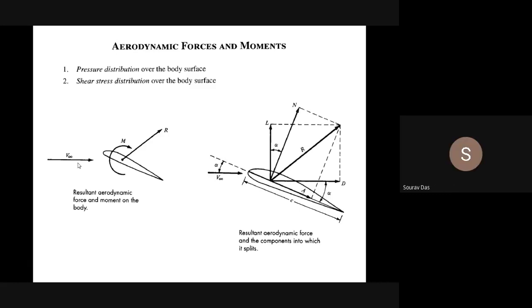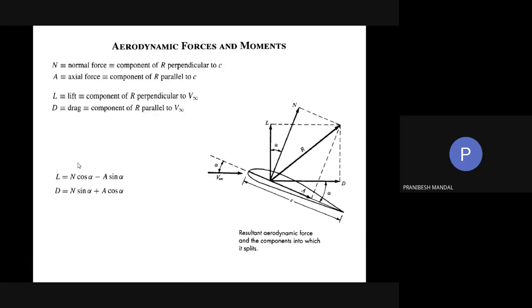Yes, sir. Okay. So obviously there is a very well-known relation between L, D, N and A. If we know this angle of attack alpha, then with this relationship, even if we know the normal and axial forces, we can easily find the lift and drag.